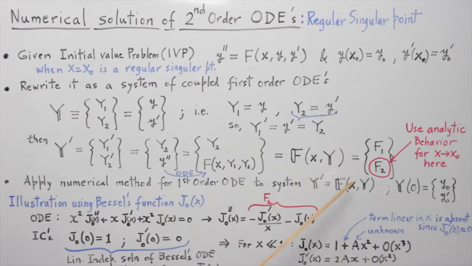And so we will mention how we do that in a step, but once we have recognized that we need to look at the behavior of f2 near the singular point, then we can program a little condition in our numerical solution.